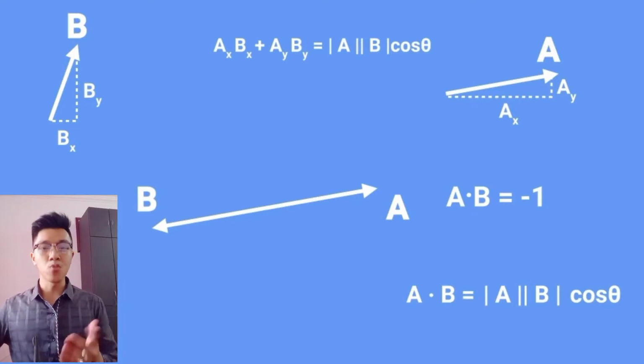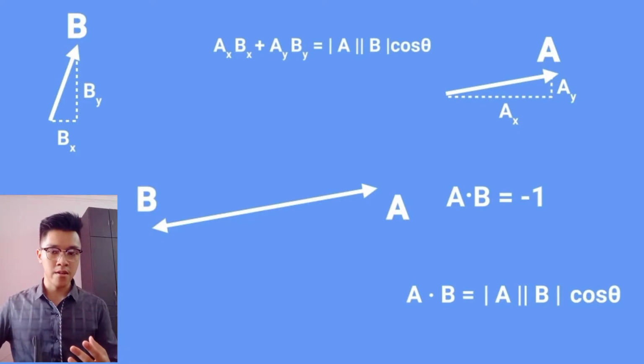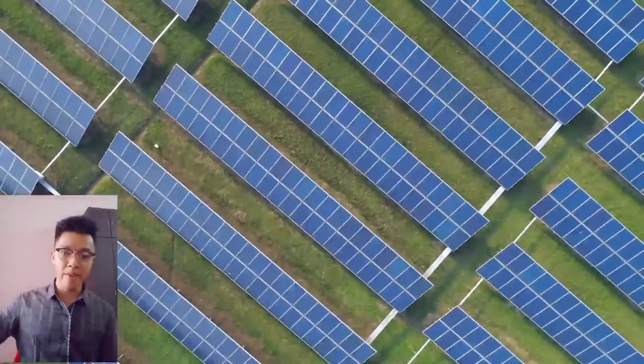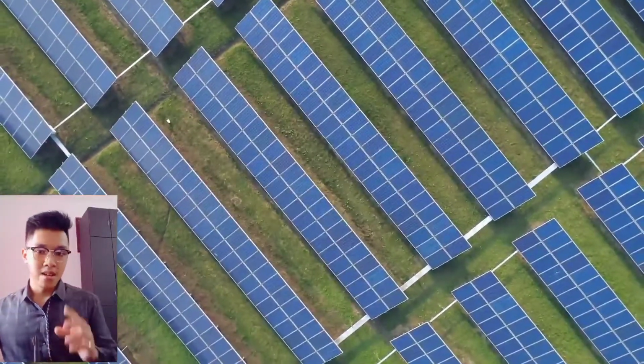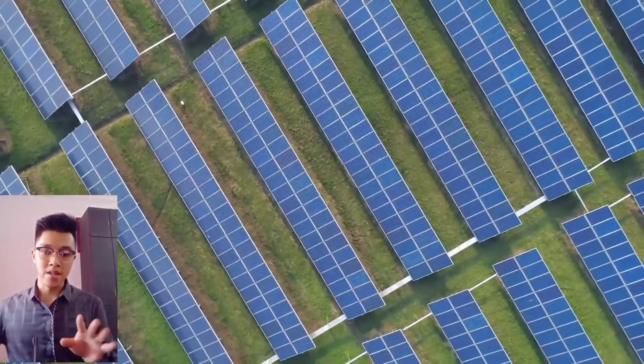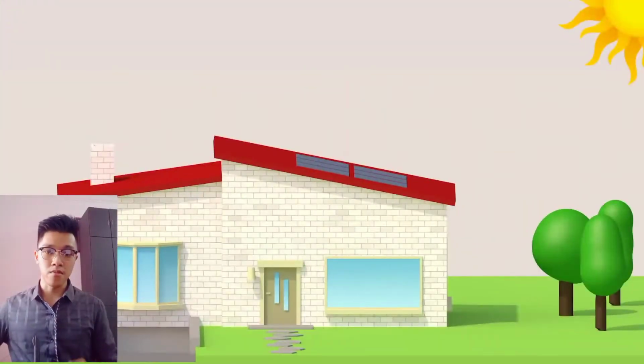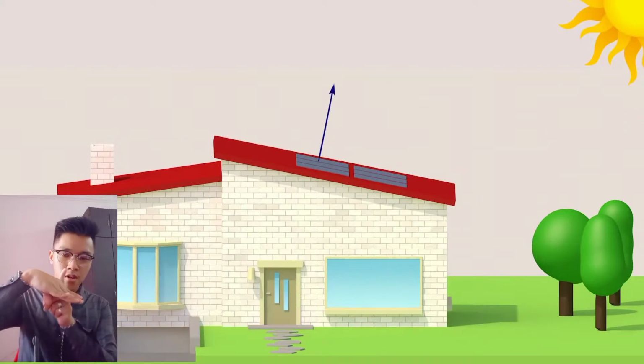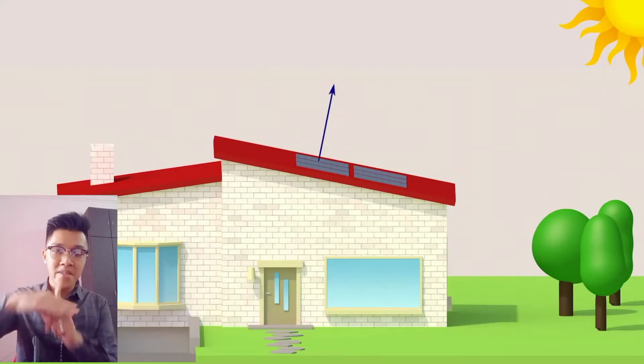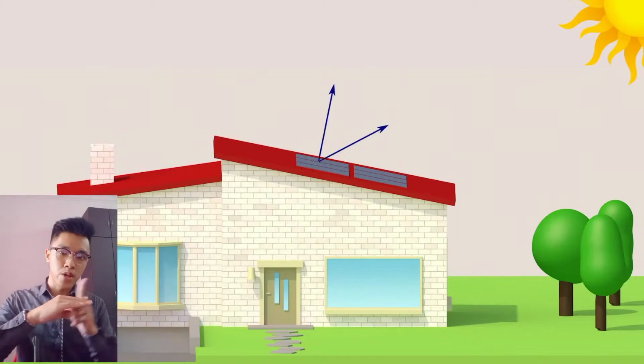So if you ever wonder where we use this in real life, a great example is the solar panel. In this case, we can see that there are two vectors. One vector points outward from the solar panel, and the other one points to the sun.